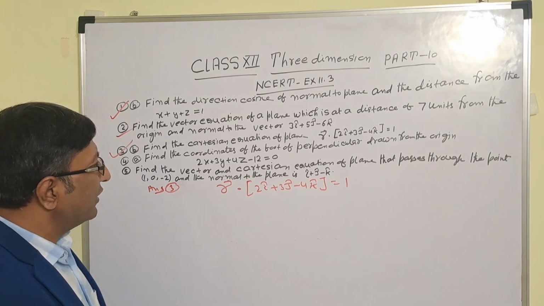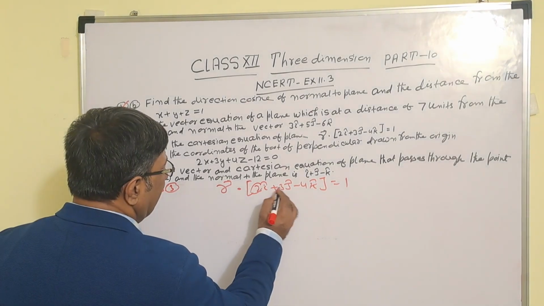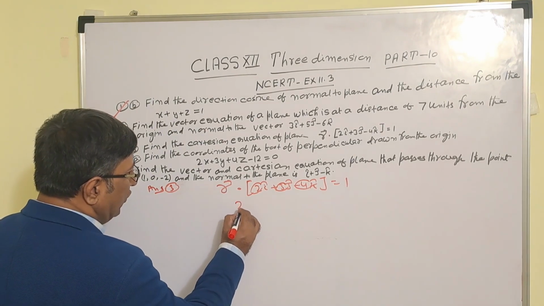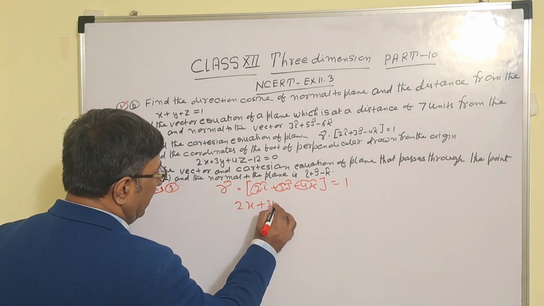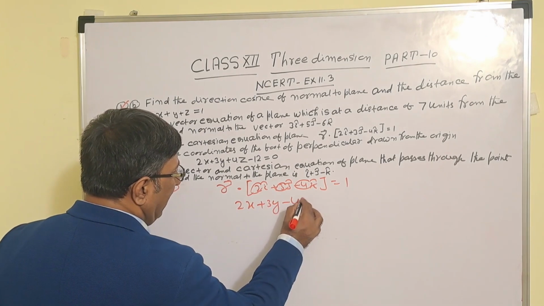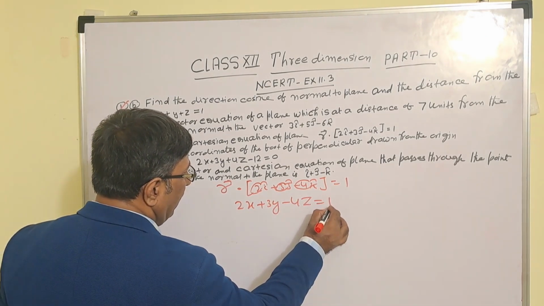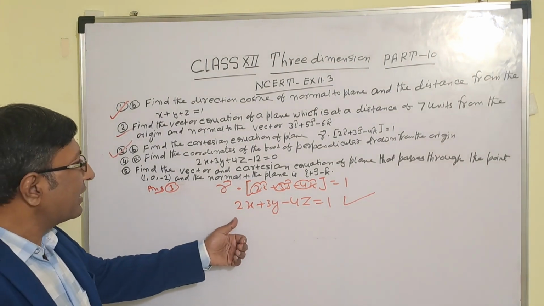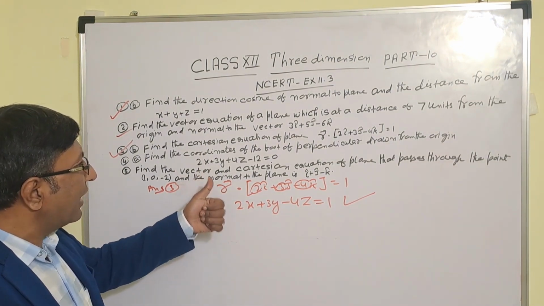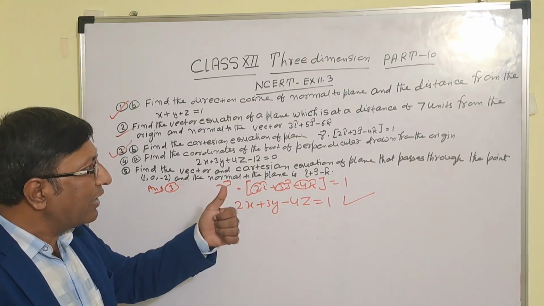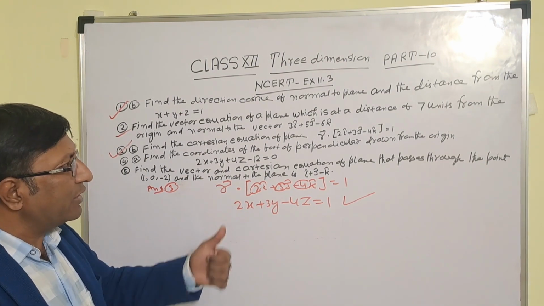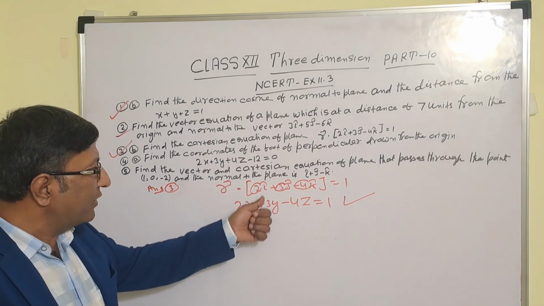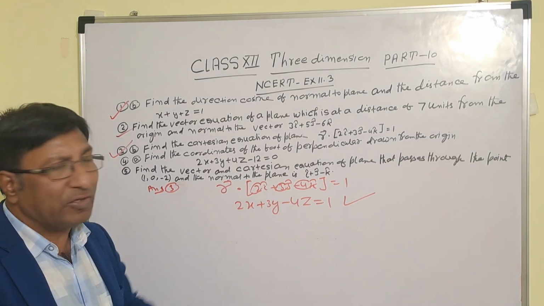Now we need the Cartesian equation of plane. So the simple rule is what? This is x, this is y, this is z. So the correct answer is 2x plus 3y minus 4z equal to 1. This is the required equation of plane in the Cartesian form. So find the Cartesian equation of plane r dot 2i plus 3j minus 4k equal to 1. Then you can find directly 2x plus 3y minus 4z equal to 1.